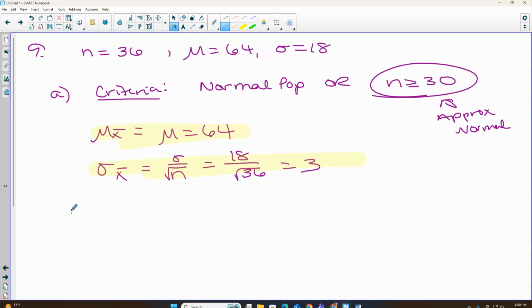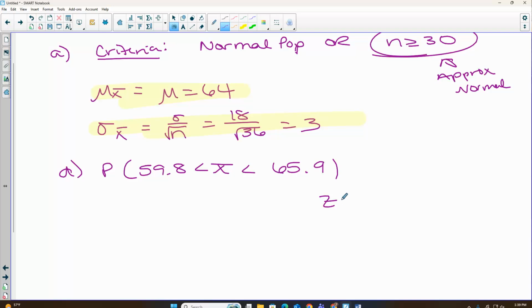So for part D, we want the probability that our sample mean is between 59.8 and 65.9. So we convert each of those into z's. So our value minus the mean divided by standard deviation, we get a negative 1.4.